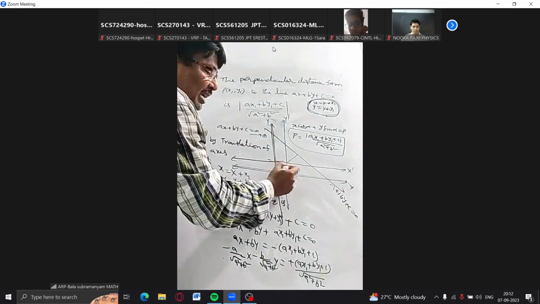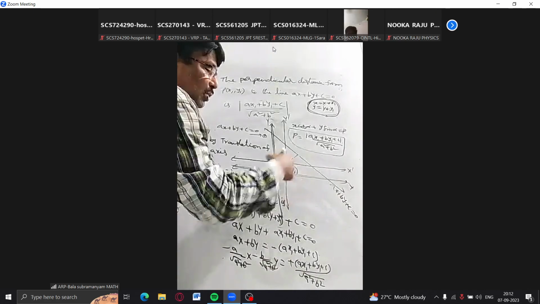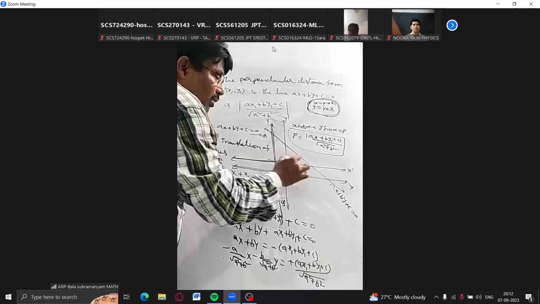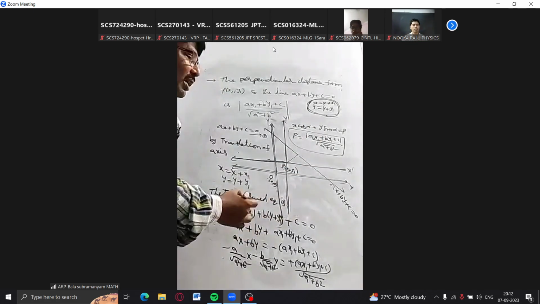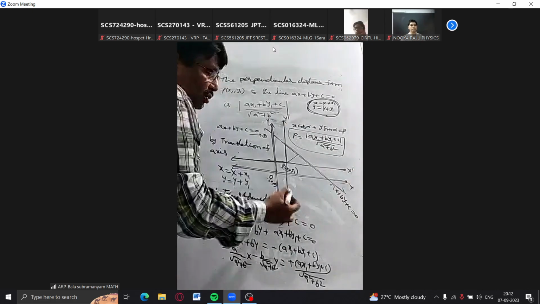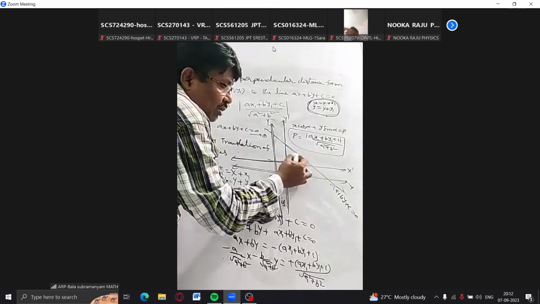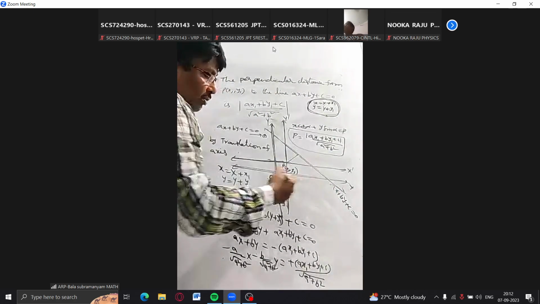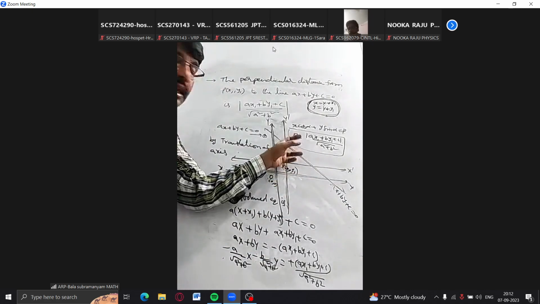The origin shifted to P(x1, y1), which is the new origin. Here X dash and Y dash are the new coordinate axes. This is the given line ax + by + c = 0. We require the distance from the new origin to the line, that is p.